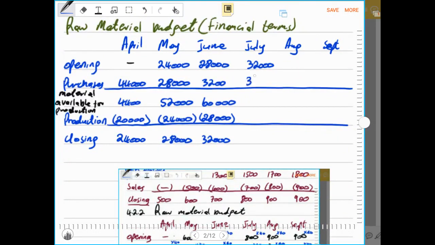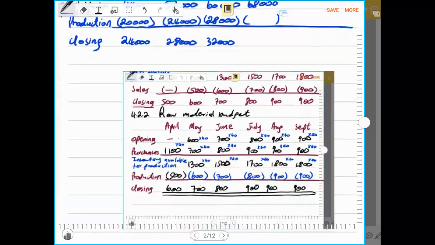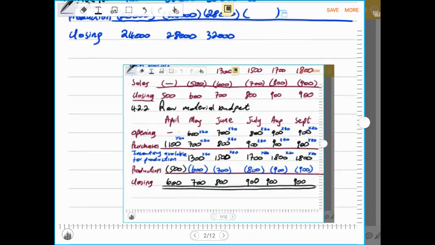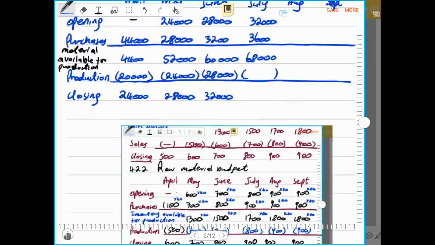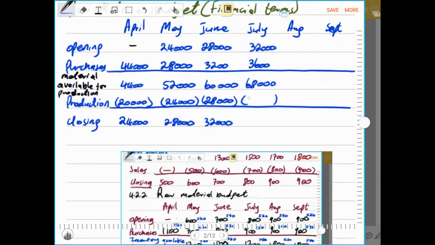So we'll have 36,000 plus 32,000, which gives us 68,000 rands. And 68,000 less production, and production for the month of July was 800, and 800 by 40 will give us 32,000. We've already done that. Therefore after that it will give us the closing of 36,000 in July.